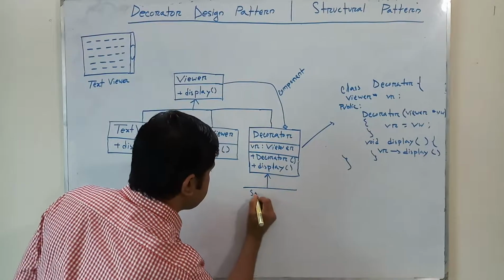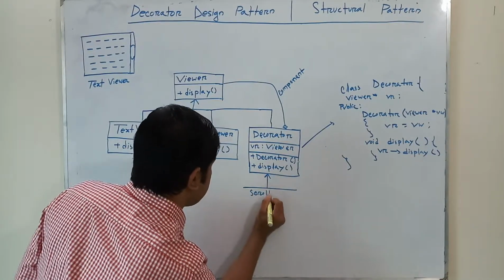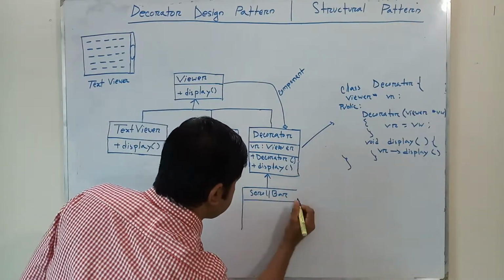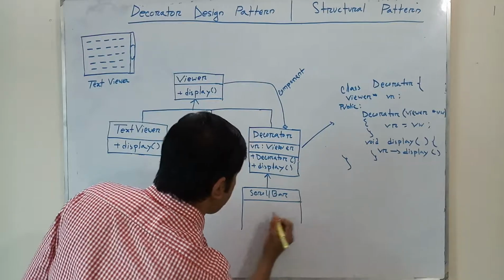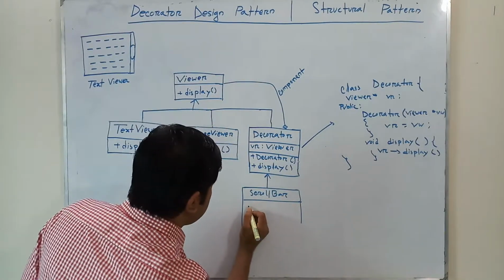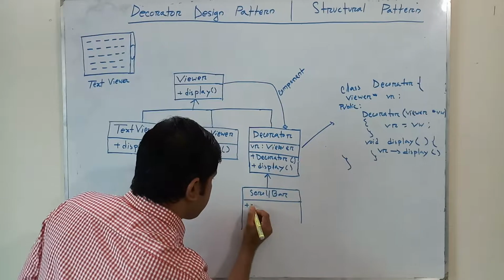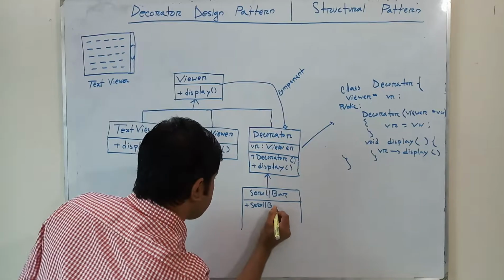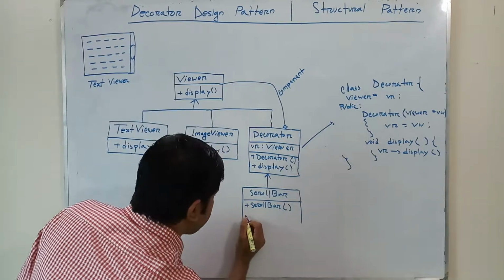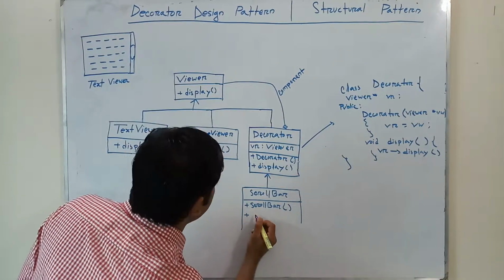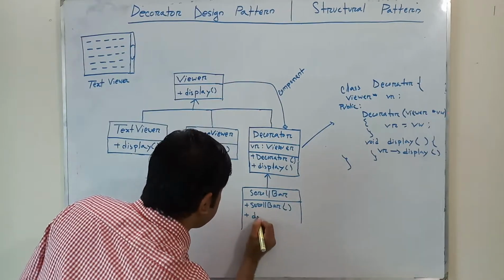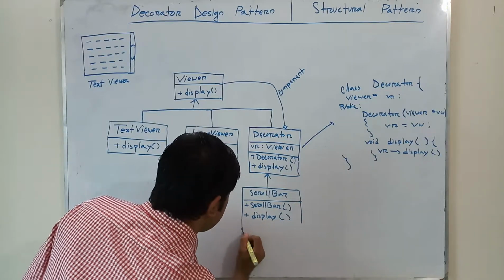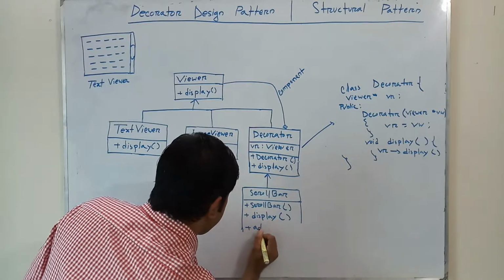Suppose ScrollBar, the constructor of ScrollBar, and the display function will override the display function and also add the additional behavior, that is addScrollBar.